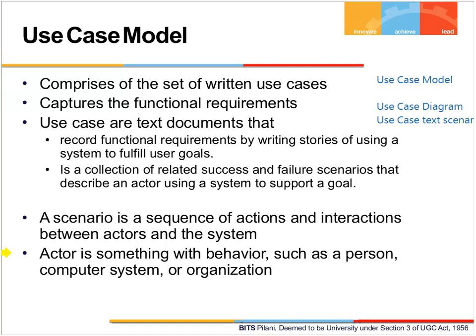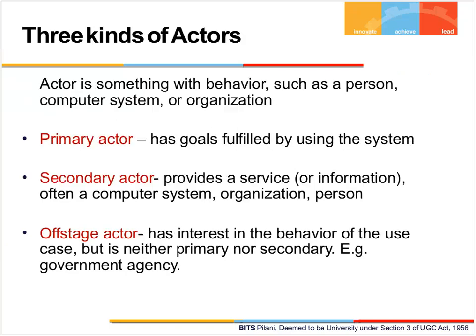An actor is somebody who is interacting with the system, right? Okay, there can be three kinds of actors. There is a primary actor, a secondary actor, and an off-stage actor.